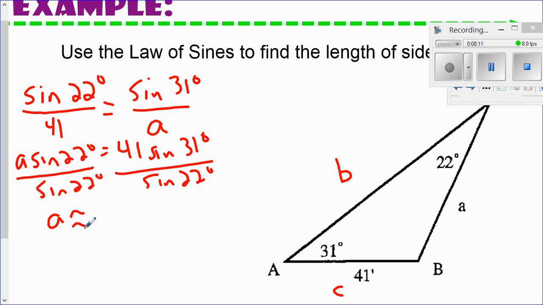And when I do that, I'm getting approximately 56.40. And these are feet. Okay, so that's A.